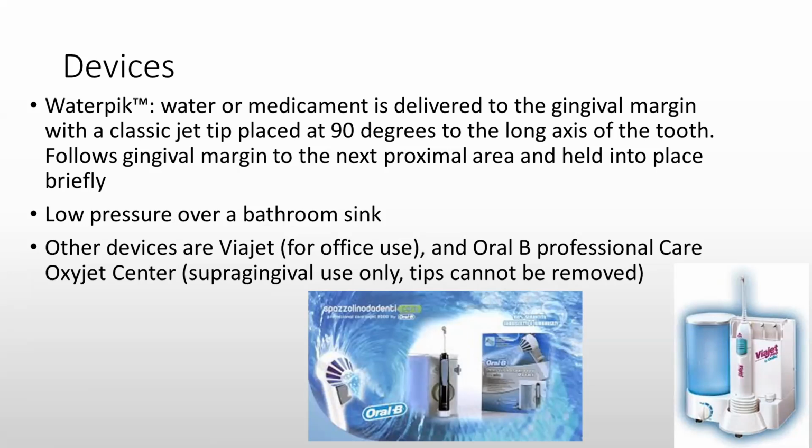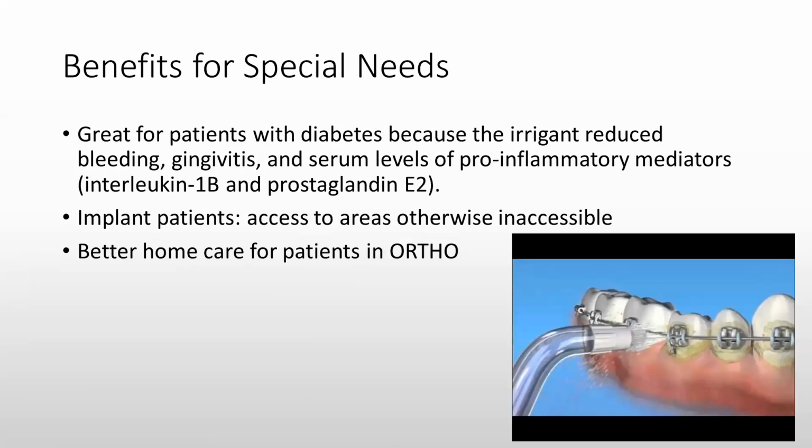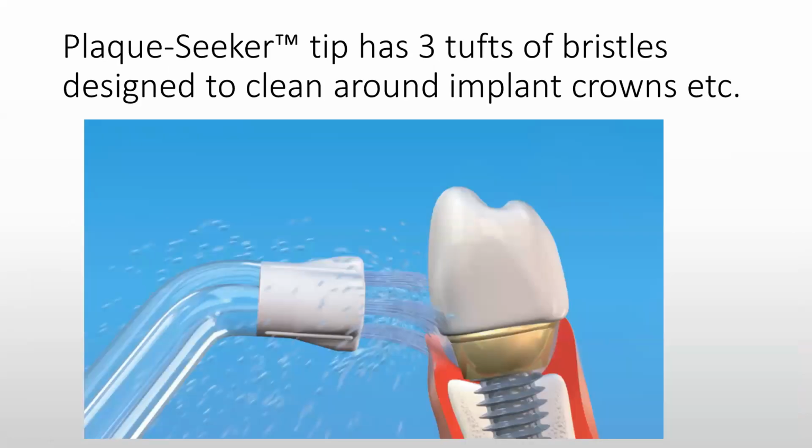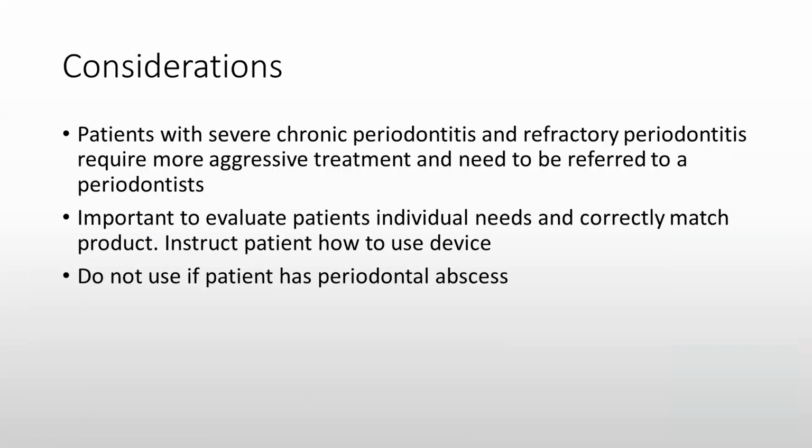But Oral-B's got them. Any company has them. The nice thing with the Waterpik is also they have different types of tips that you can place on them. So you can actually be doing some brushing while you are cleaning around the brackets and everything. And that's an example of something that's got a little bit of a toothbrush action, as well as a water jet device called the Plaque Seeker.